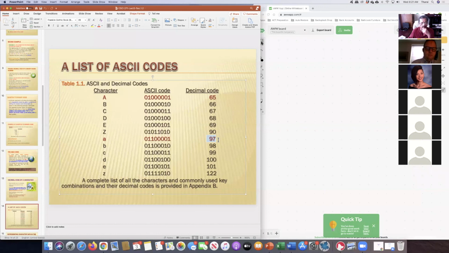We don't have to worry about it, but it'll be helpful to remember these ranges. Even if you don't remember, you need to use them in some of the questions, and therefore they'll be provided in your tests. The range: uppercase letters A through Z correspond to 65 to 90, and lowercase a through z correspond to 97 to 122.